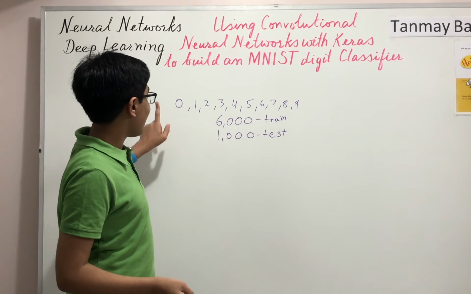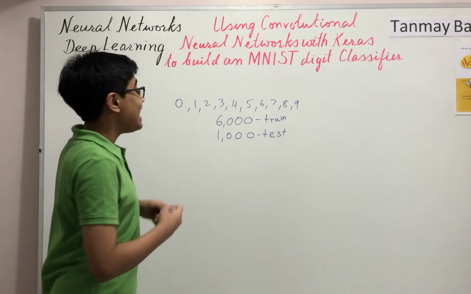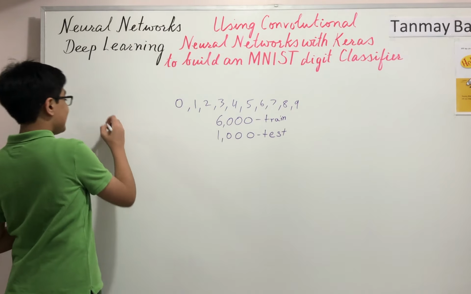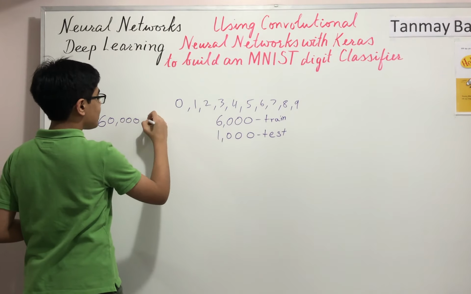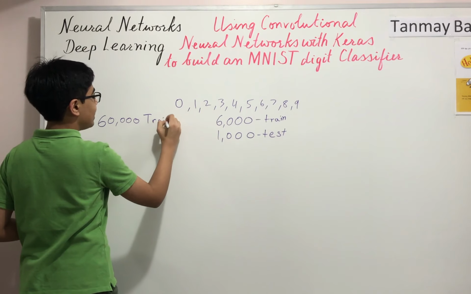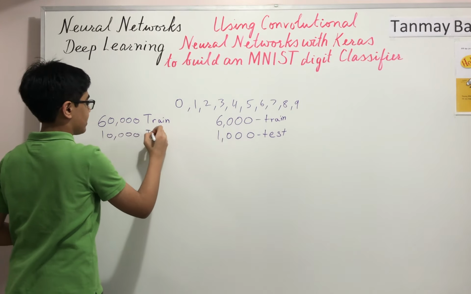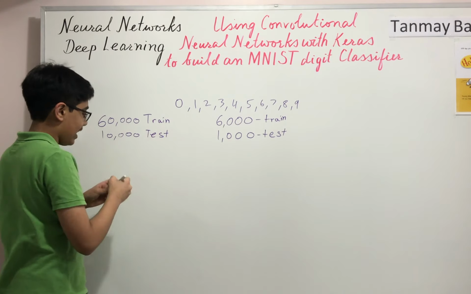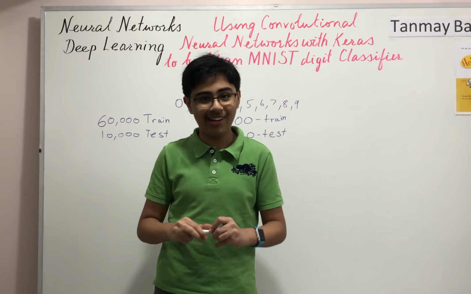Alright, so now since we've got 10 different classes, each one containing 6,000 train, 1,000 test, in total we've got 60,000 different train images. And then, of course, we've got 10,000 different test images. And that is what we're going to be training our convolutional neural network on.